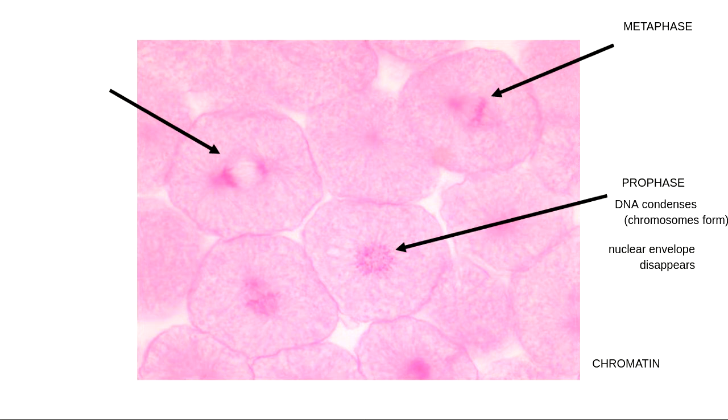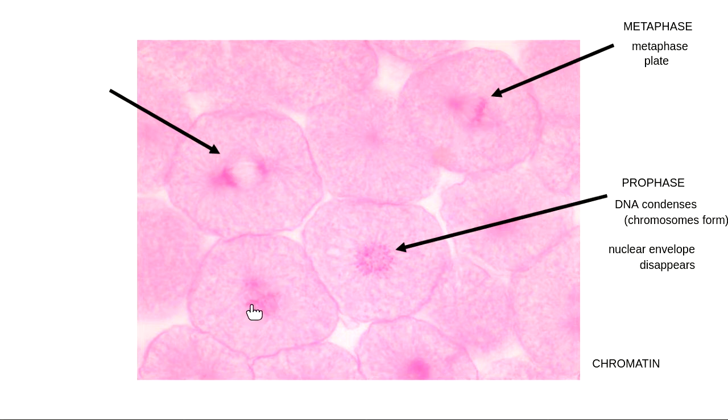The way that I like to remember metaphase is that the chromosomes meet in the middle of the cell. When we talk about metaphase, there's a structure that we can see called the metaphase plate. The metaphase plate, that's this line right here. And that's why I can see that line right here too, the metaphase plate.